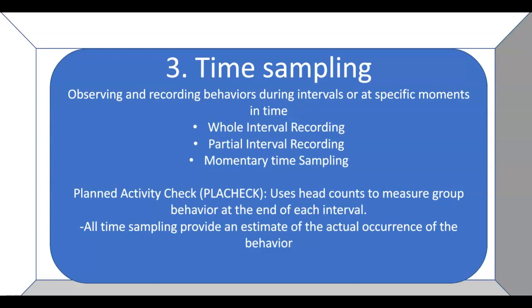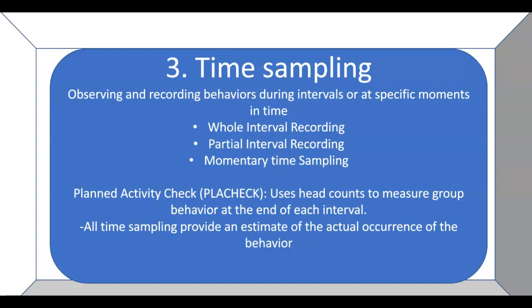So you use head counts to measure group behavior at the end of each interval. So if you're looking at a classroom with 30 students, you are going to look at the whole group at the end of the interval and see how many students are engaging in a certain activity and how many are not engaging. That's an example, of course.